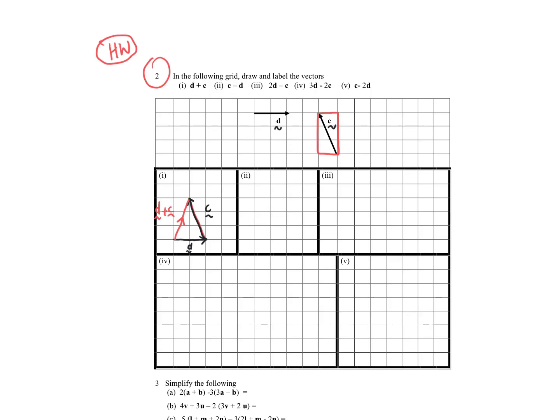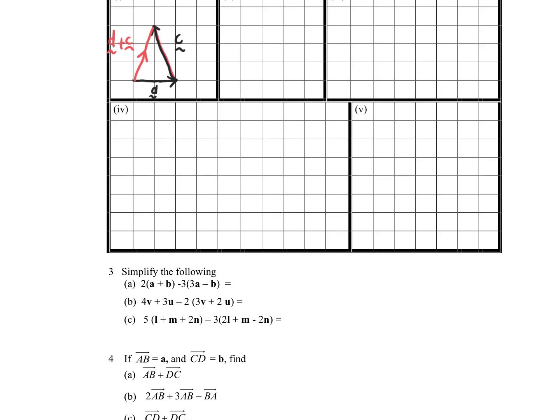Okay, I just want to highlight this one. Treat the vectors like algebra, but you need to draw the braces. So if you are asked to add vectors, you add them like algebra. So this is 2a plus 2b minus 9a plus 3b. This person not keen on learning one.